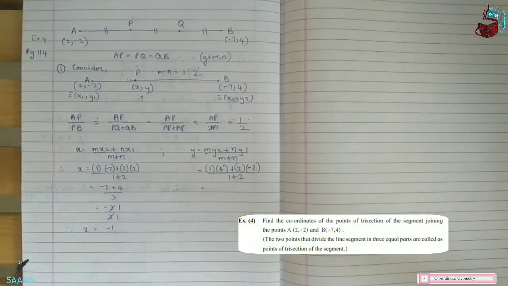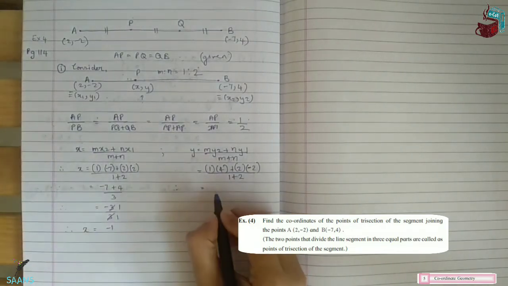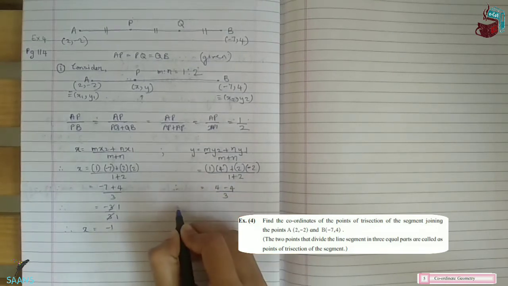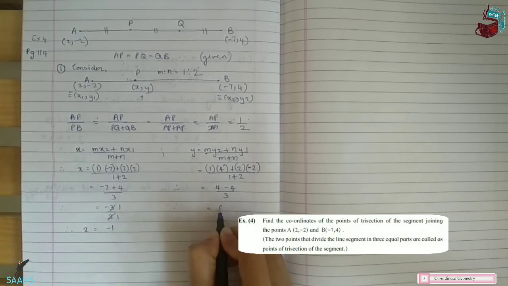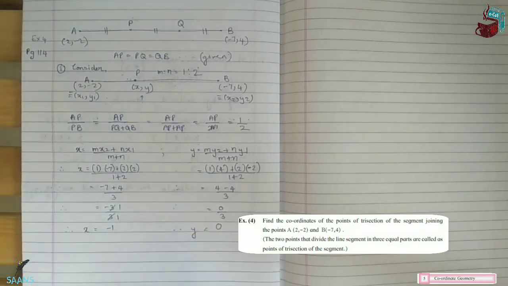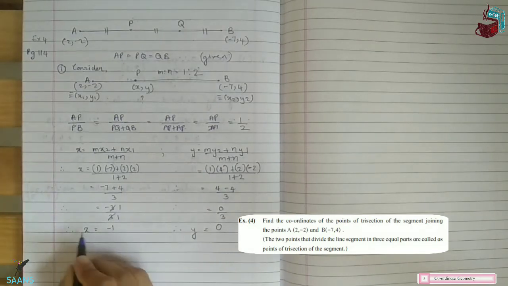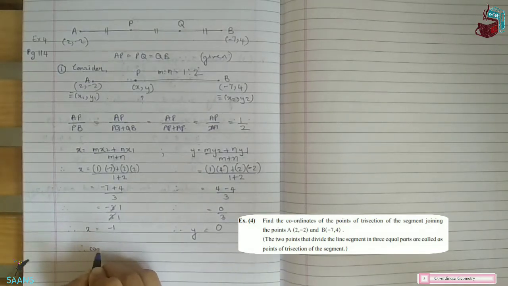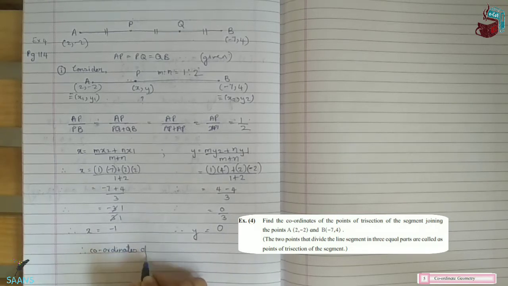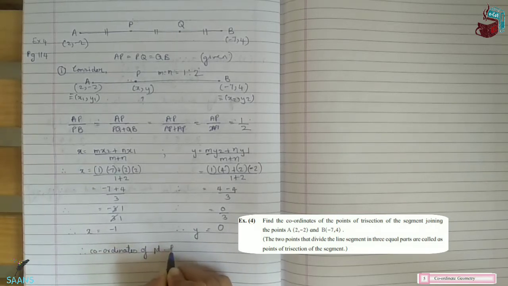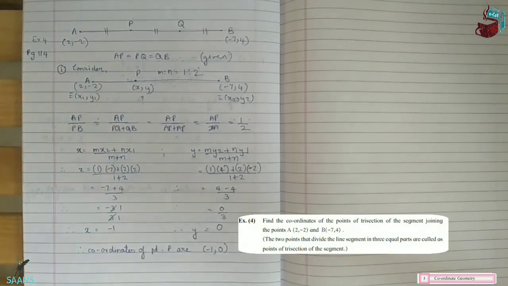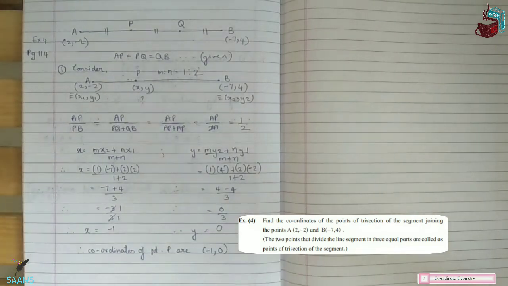Therefore that is equals to 4 ones are 4 minus 4 upon 3. That is equals to 0 upon 3. Therefore y is equals to 0. Therefore coordinates of point P are minus 1, 0. Okay, so this is your first step.